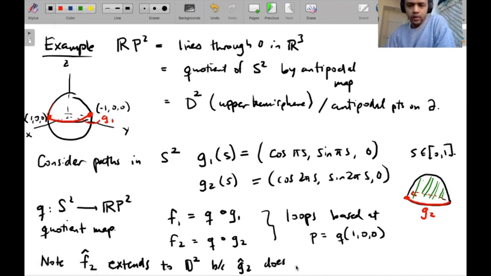And so then, if phi is a map of the disk into the S2, I guess we could write this precisely. So let's actually write this precisely.